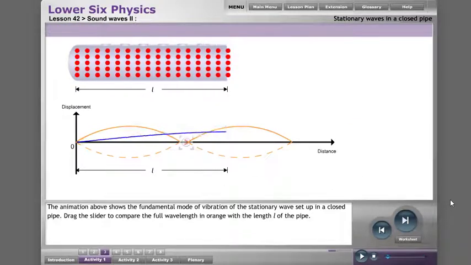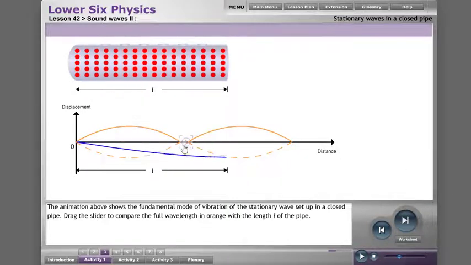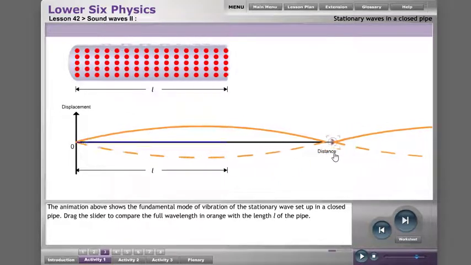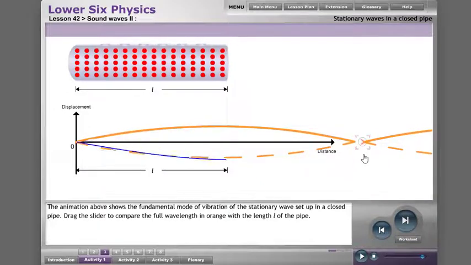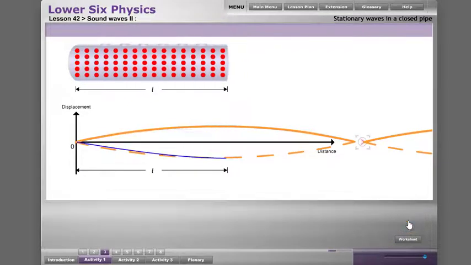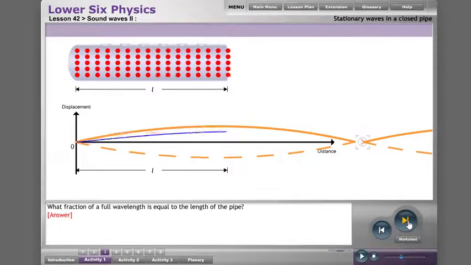The animation above shows the fundamental mode of vibration of the stationary wave set up in a closed pipe. Drag the slider to compare the full wavelength in orange with the length L of the pipe. What fraction of a full wavelength is equal to the length of the pipe?